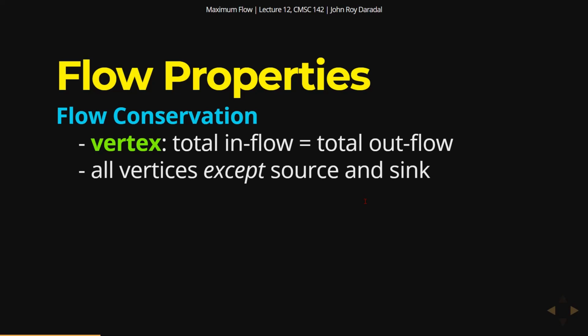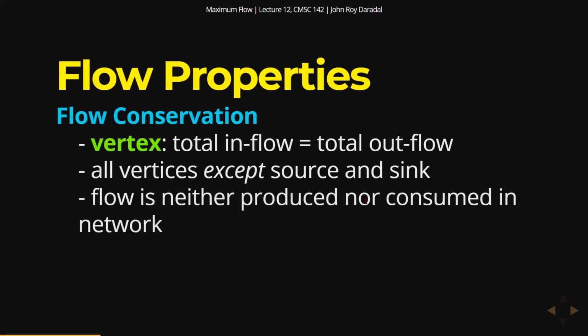But for the rest of the vertices inside the flow network, this should hold true. We should conserve the flow, so flow is neither produced nor consumed in the network. There should be no corruption in between. These edges should just make the flow pass through them.